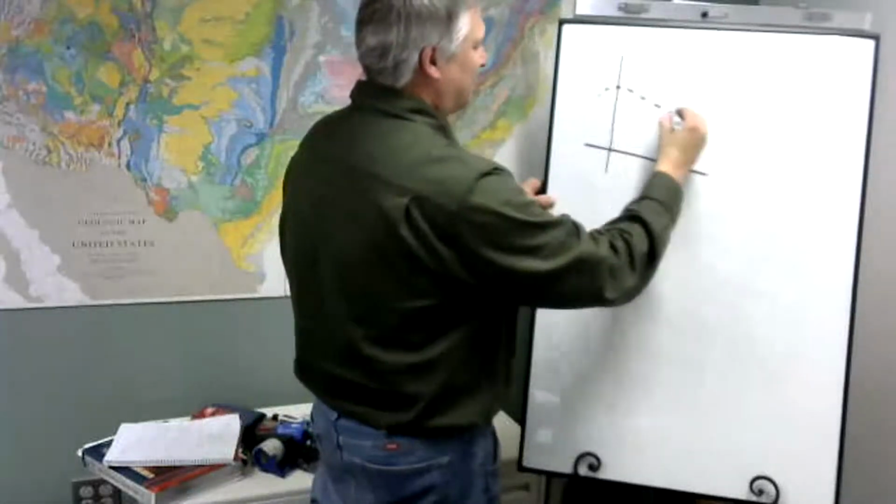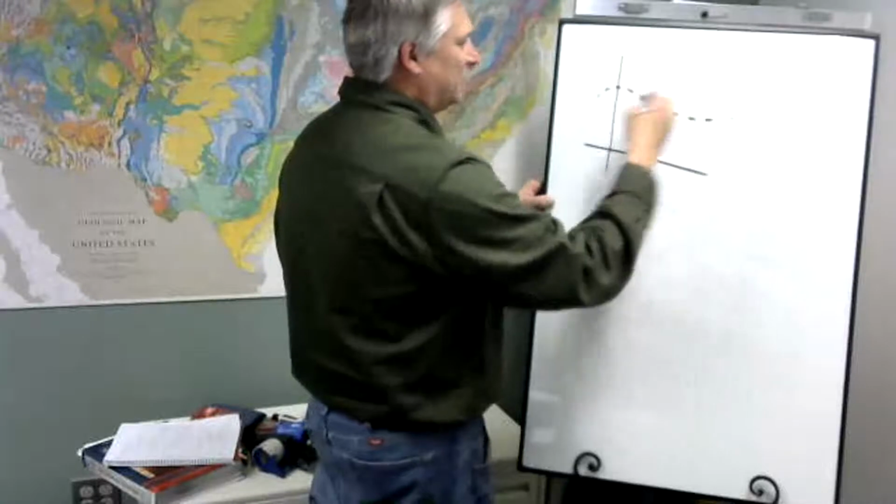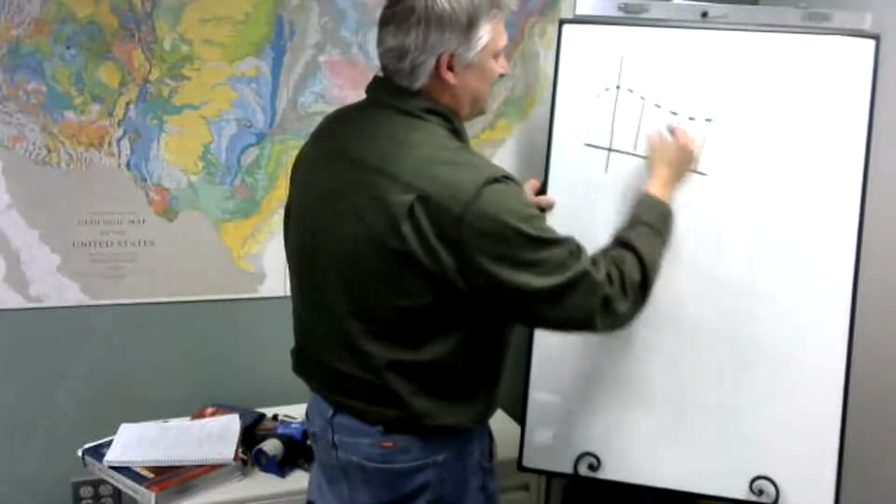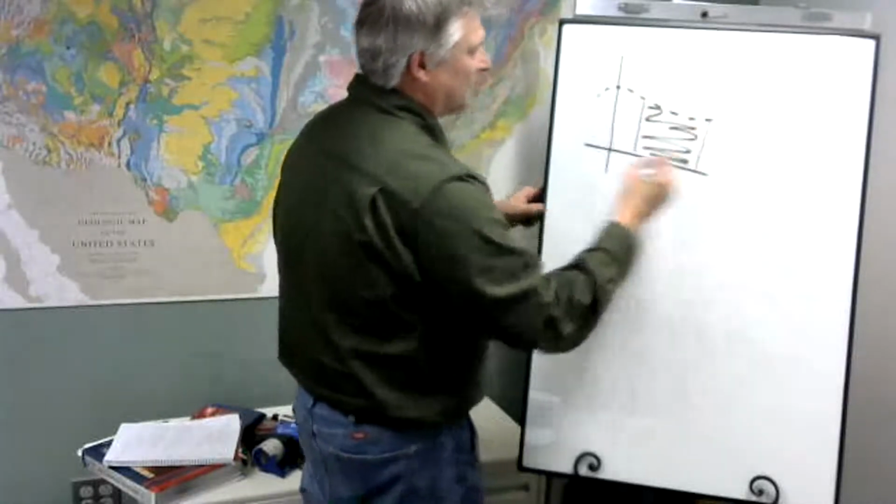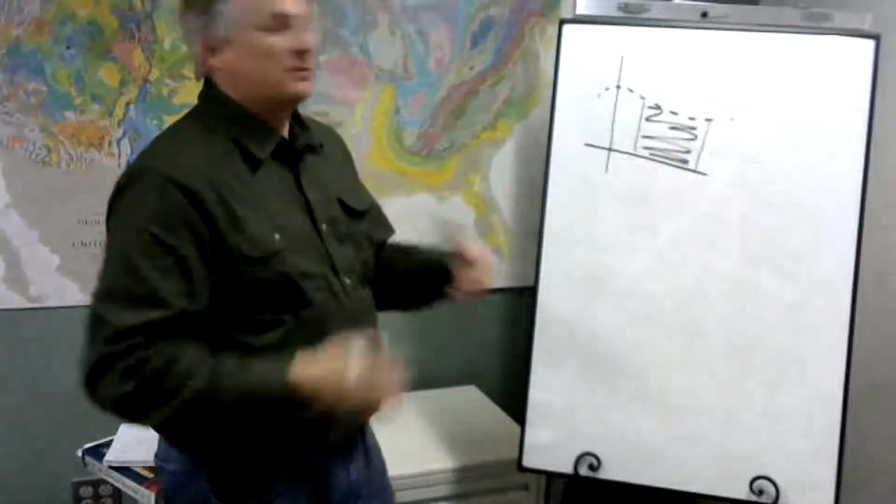underneath a function. So you have some function here. You can find the area underneath this function for, well, there are different reasons.